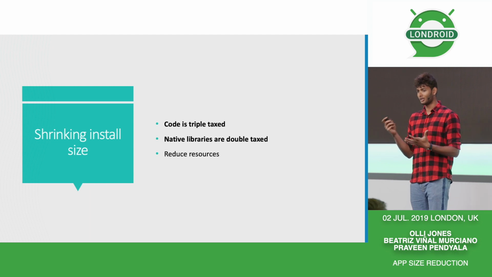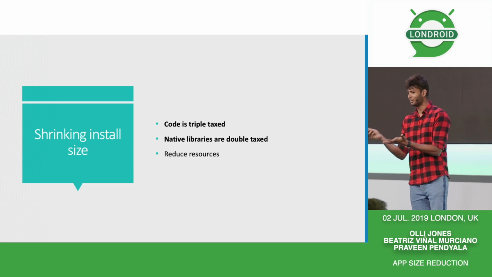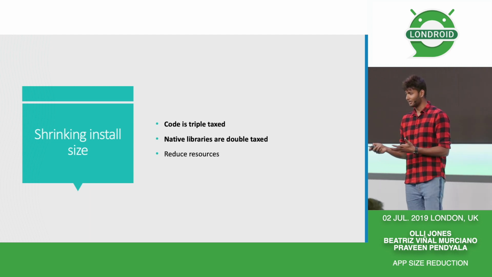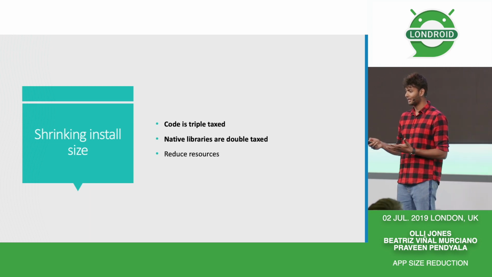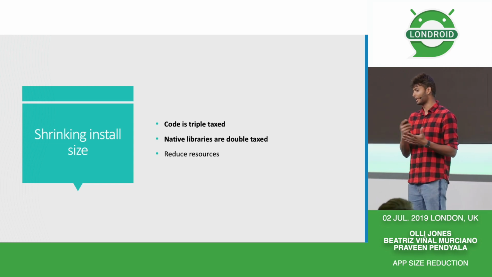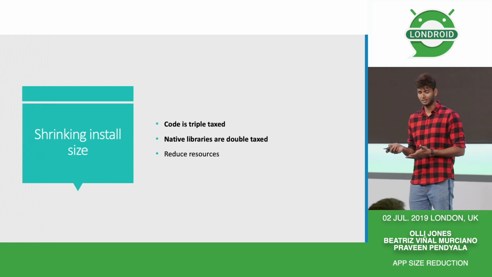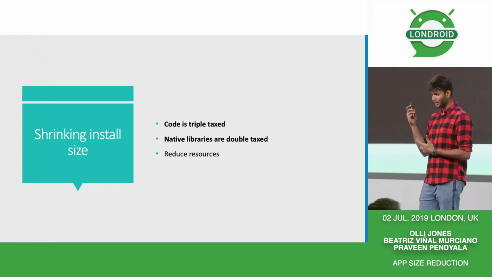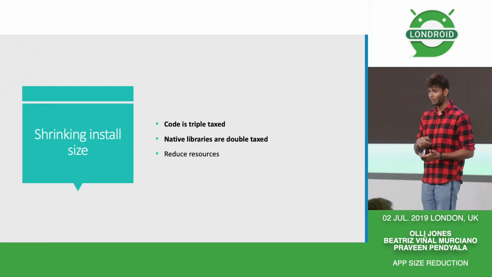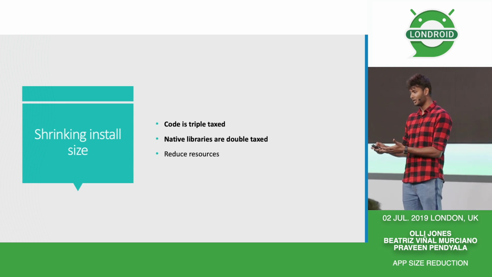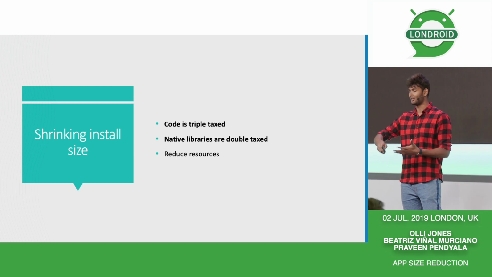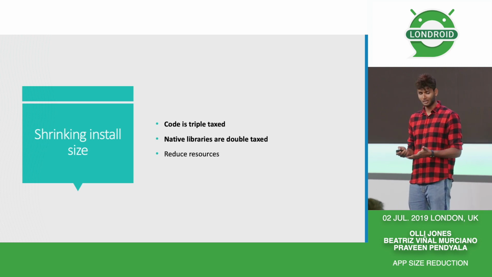So all the Java code and Kotlin code that you write is essentially triple taxed. And native libraries, if you choose to extract them, are double taxed because you put them in the APK and also extract them at the time of installation. I'm going to touch mostly on these two topics, how we can decrease size in these two areas without actually changing code in your app, like changing the Java or Kotlin code or removing anything.